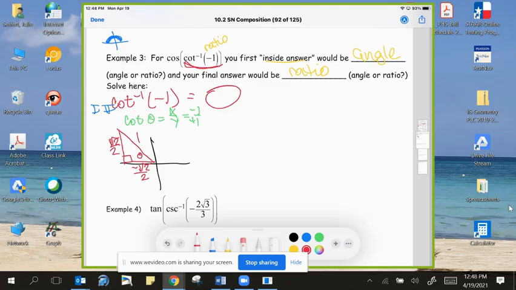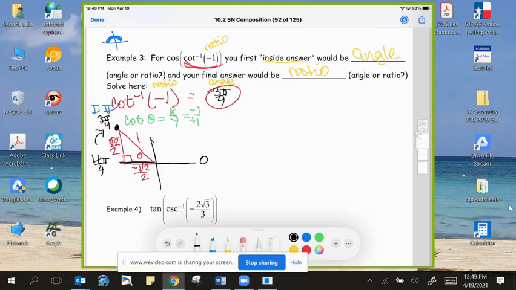That -1, again, was the ratio. So our answer to this piece will be the angle. That is a 45, 45, 90 triangle, so it is a pi over 4 reference angle. But that's the reference angle. Think 4 pi over 4 on the right. Go backwards by that reference angle, and this is at 3 pi over 4.